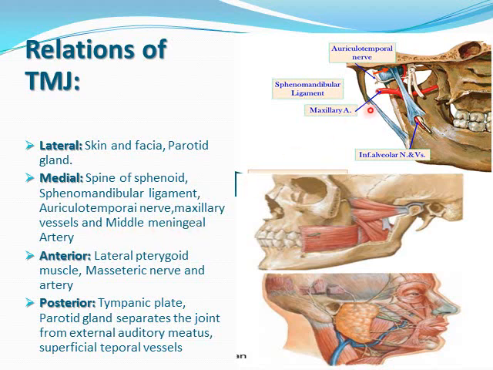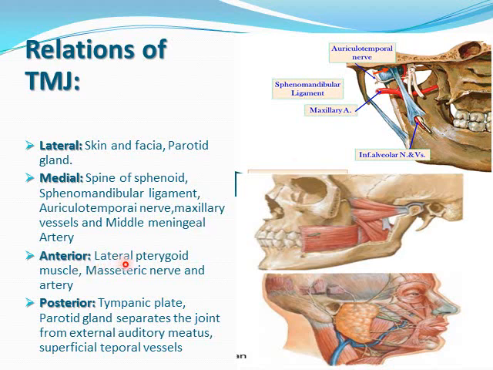These relations you can see in this diagram, that there is spine of sphenoid along with the sphenomandibular ligament, auriculotemporal nerve, maxillary artery along with vein, and middle meningeal artery.